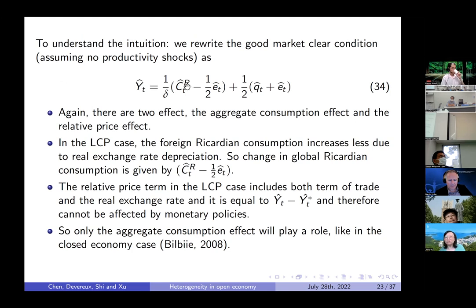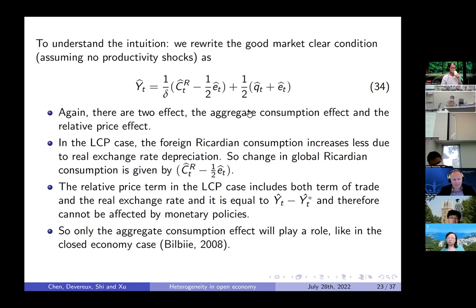First of all, we have this real exchange rate effect, which is going to affect the aggregate consumption effect. The second thing is there's a relative price effect. But interestingly, this second term, the relative price effect, is independent of monetary policy because it is equal to the relative output gap, so it cannot be affected by monetary policy. So only the aggregate consumption effect is going to play a role.